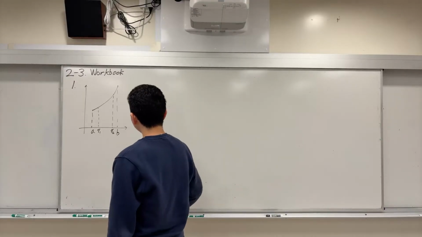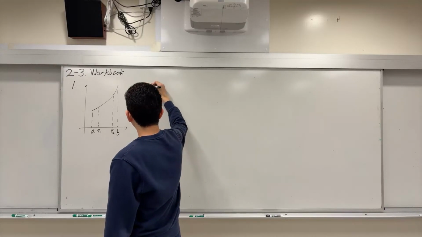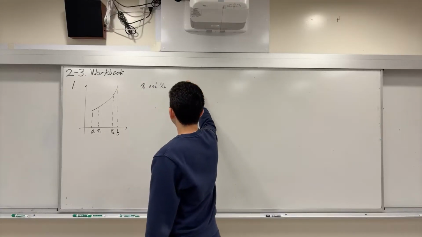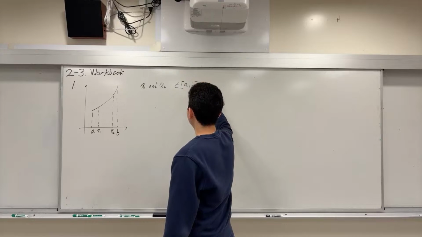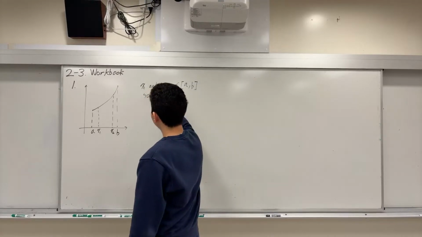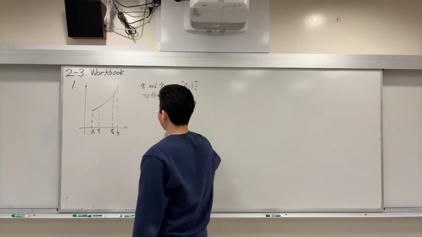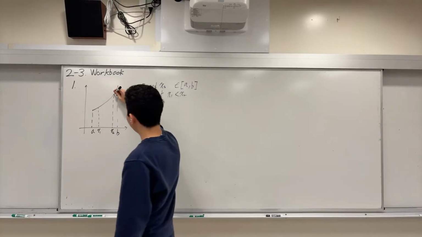The setup here is that x1 and x2 are in the closed interval a comma b, so that x1 is clearly less than x2. So there are two different points that we've got on the curve here.